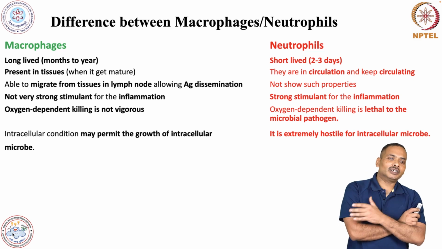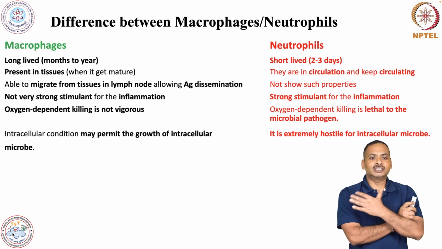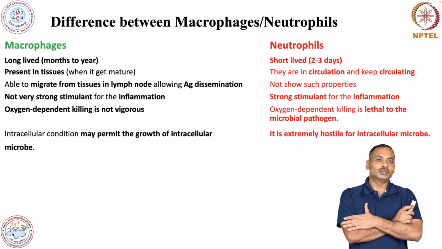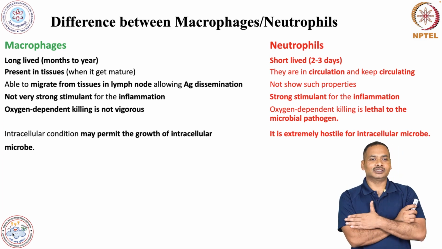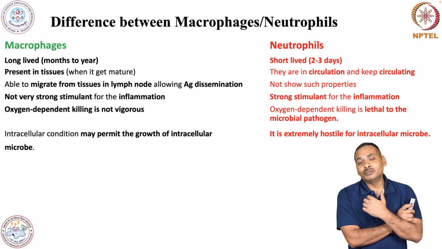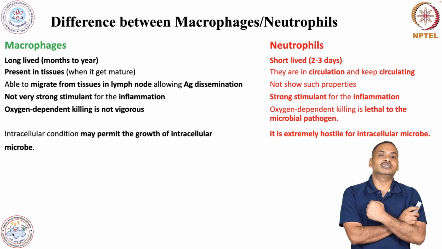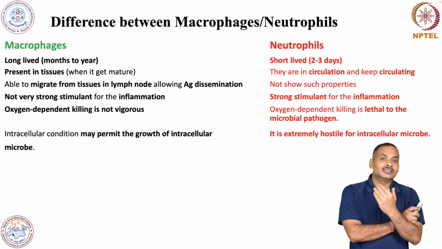In the case of macrophages, the intracellular condition may permit the growth of intracellular microbes. Here I would like to give the example of Mycobacterium tuberculosis. Mycobacterium tuberculosis can grow inside a variety of macrophages. Why?